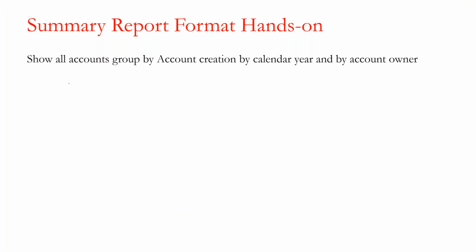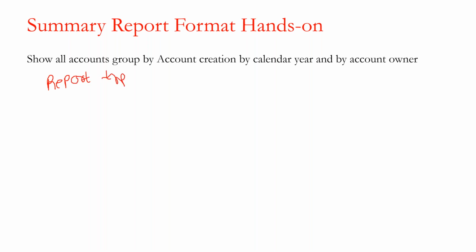Now, first I have to understand what kind of data I want to show here. Whenever you create a report, the first option is always your report type. Report type is nothing but your data source.